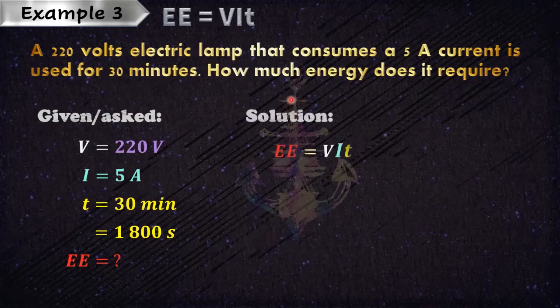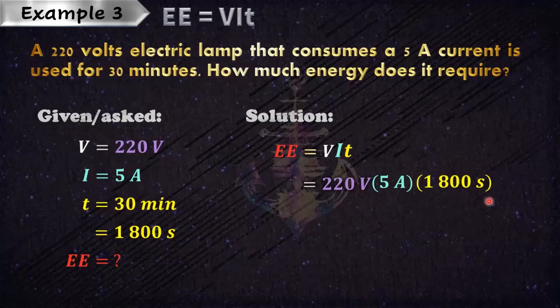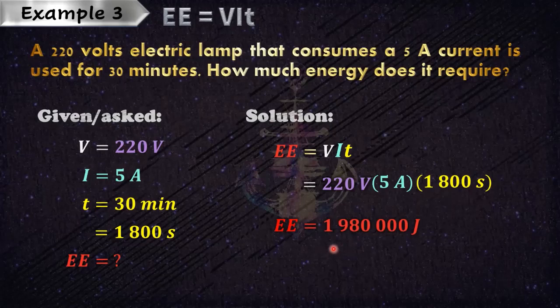Let's solve using this formula, E equals VIT. Substitution process. V, the voltage, is 220 volts, current is 5 amps, and time is 1,800 seconds. Multiply 220 times 5 times 1,800. The answer is, the electric energy is 1,980,000 joules.